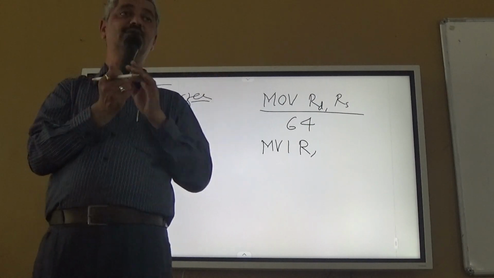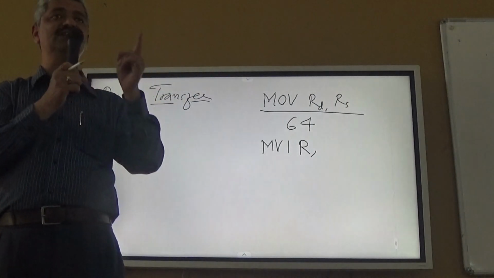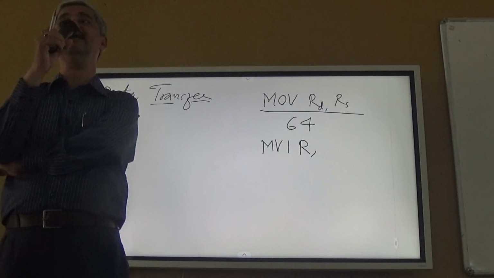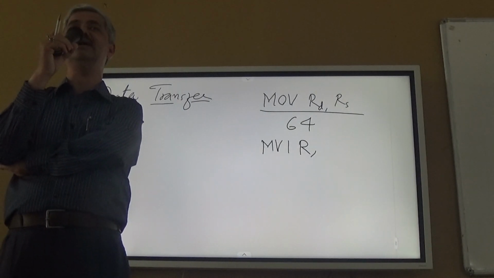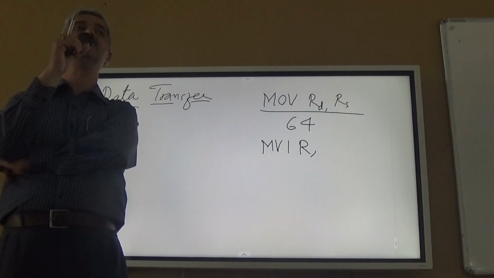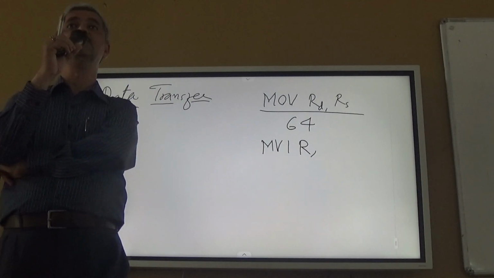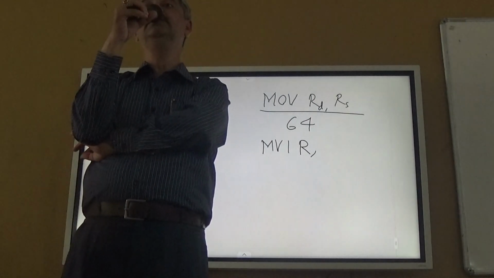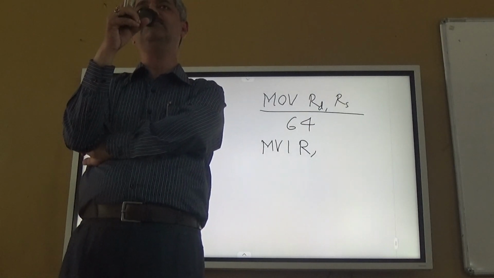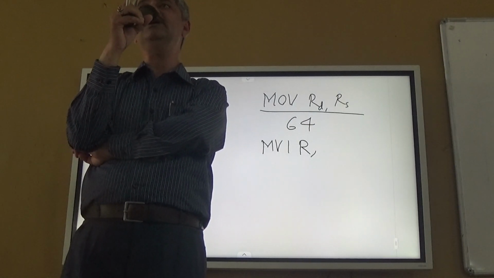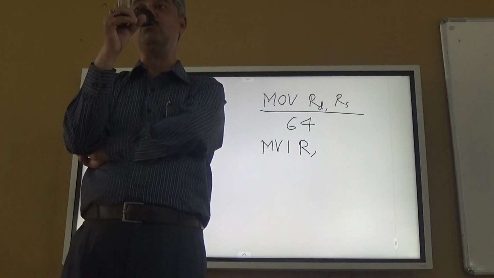MVI M is move immediate to M. So there are 8 opcodes. For MVI A there is one opcode, for MVI B there is one opcode, and like that for MVI M there is another opcode. Each opcode will tell you to which register to move. But what to move?